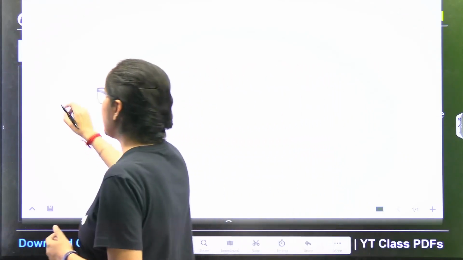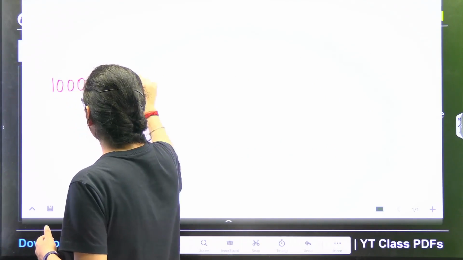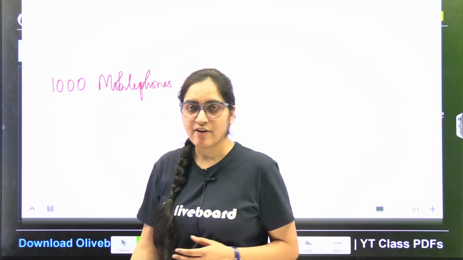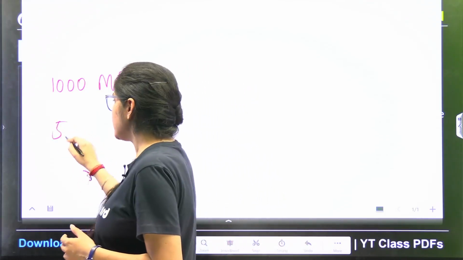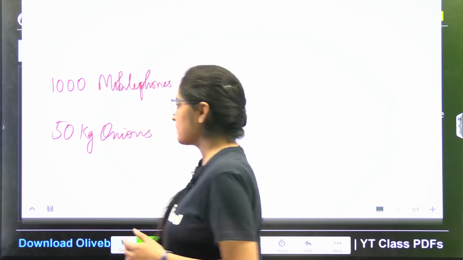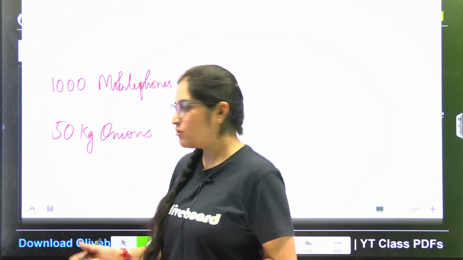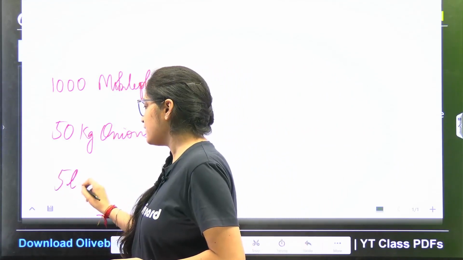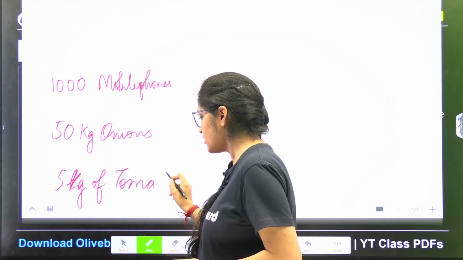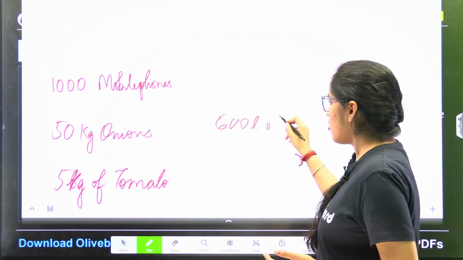Let's say I have produced 1000 mobile phones, then I have produced 50 kgs of onions. Apart from this, we have also tried to get 5 kg of tomato. Apart from that, 600 liters of crude oil.